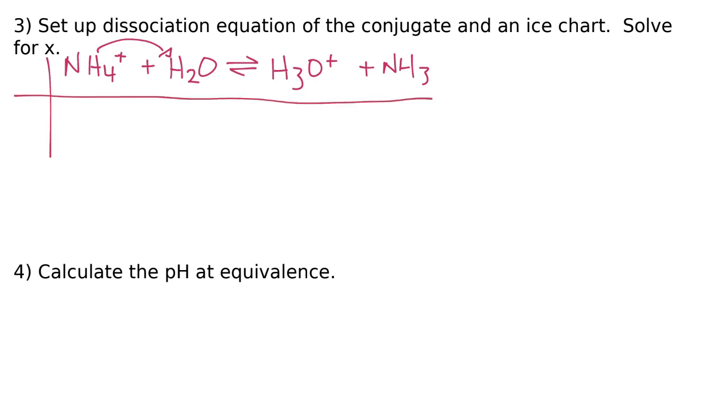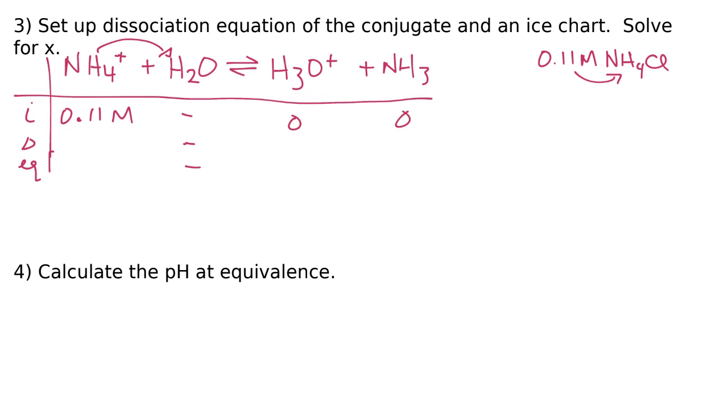We're going to set up an ICE chart here, and we have our initial concentration of the ammonium ion. So remember, we calculated that the concentration was 0.11 molar for the ammonium ion, and this is a 1-to-1 ratio of ions, so it stays the same. We still don't care about water.